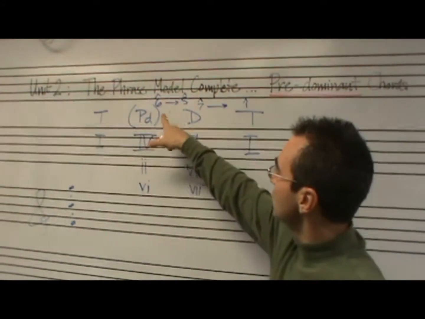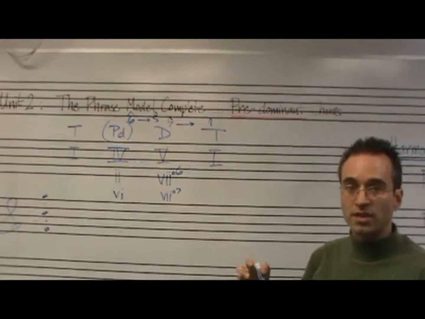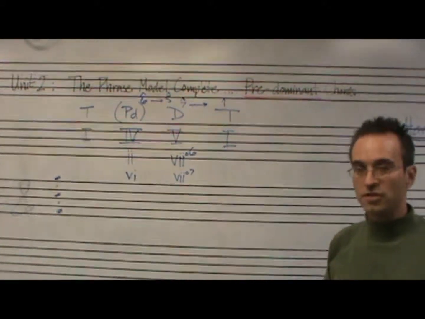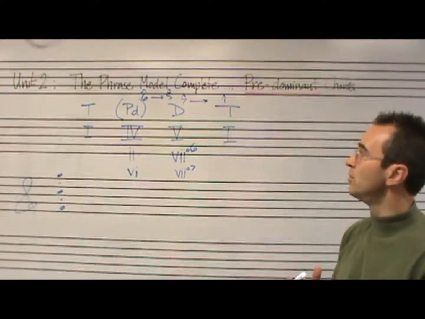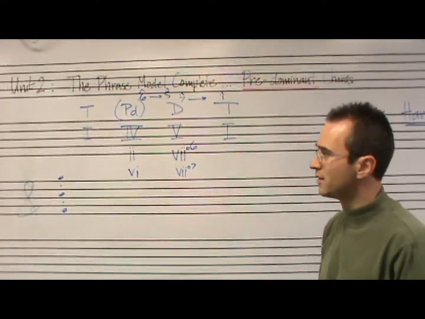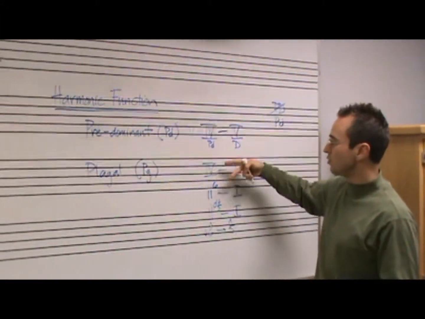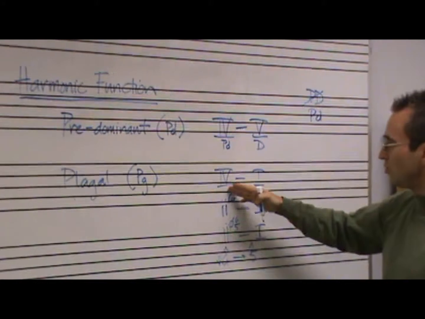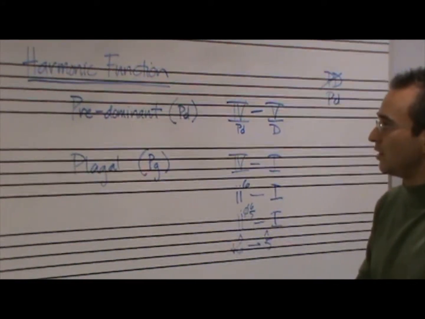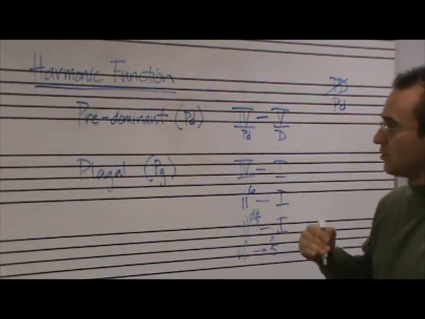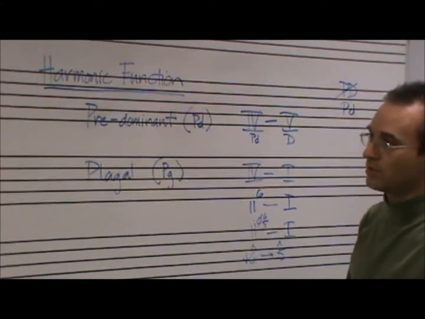Scale degree 6 can resolve to 5, whether it's a 5 chord that follows or a tonic, because both the 5 and the tonic triad both have scale degree 5 in them, and so they can both supply the resolution to that 6. For that reason, you have 4 and 2 chords that can go to the dominant or they can go to the tonic, and now you have a label for the different kinds of functions that they're playing in those different cases. We have predominant and plagal functioning chords, 2 very different kinds.